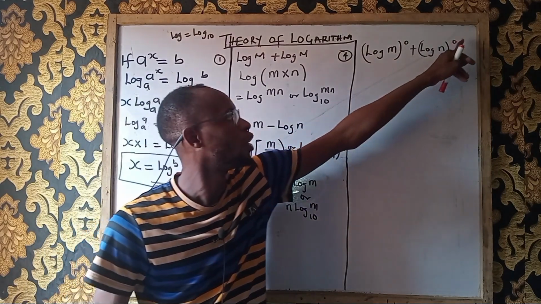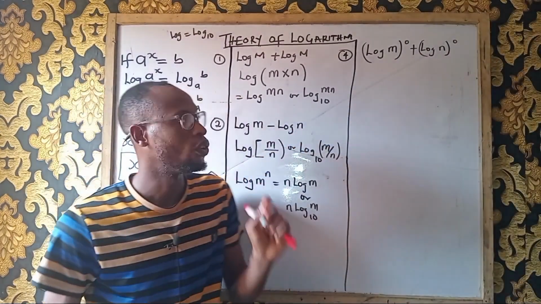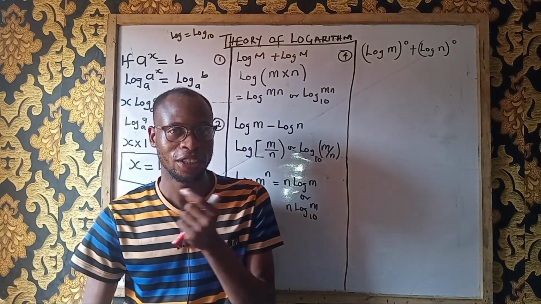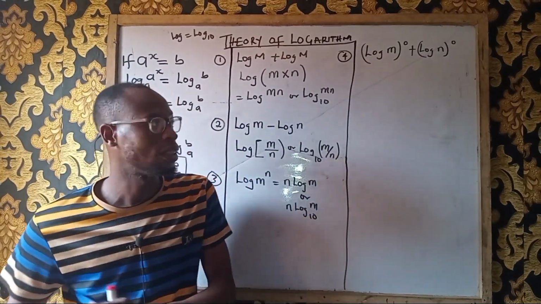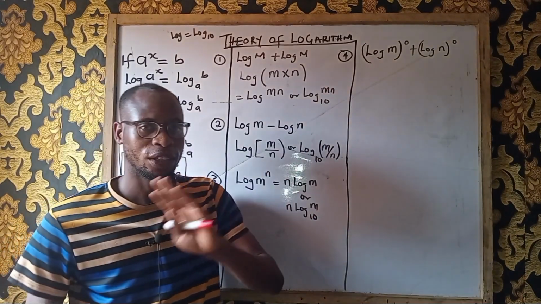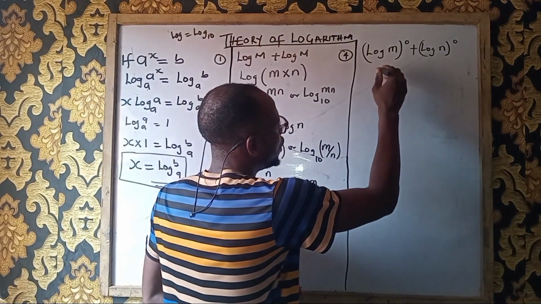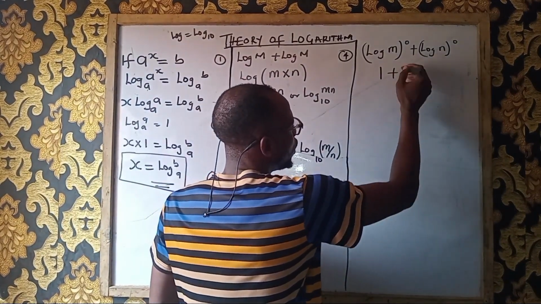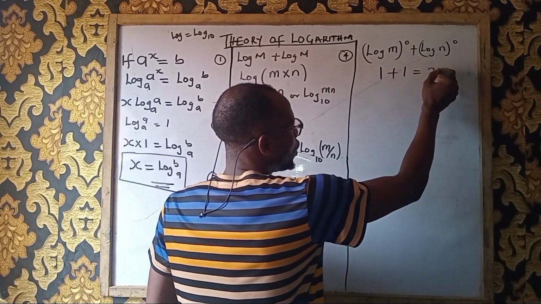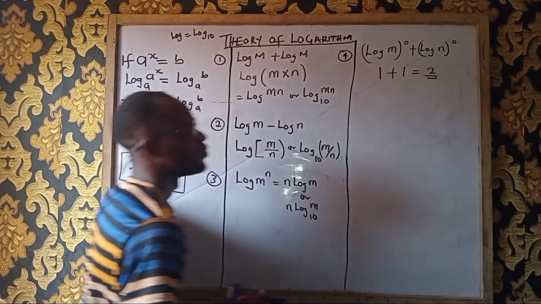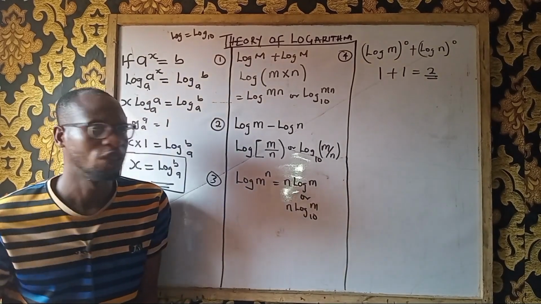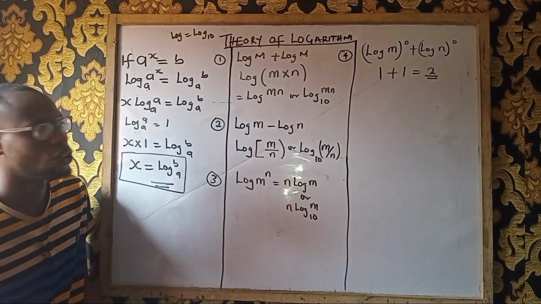This also is raised to the power of 0. So according to the law of logarithm, same thing as the law of indices, we have done that in previous videos on indices, anything raised to power 0 is simply equal to 1. So that means this one is equal to 1 plus this one is also equal to 1. So the result here is going to be what? 2.